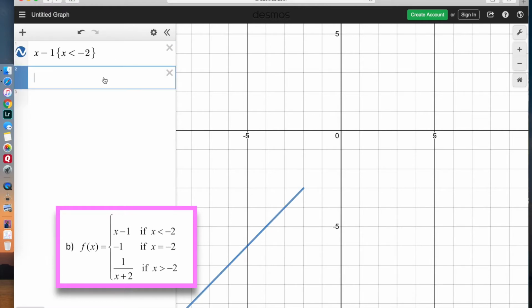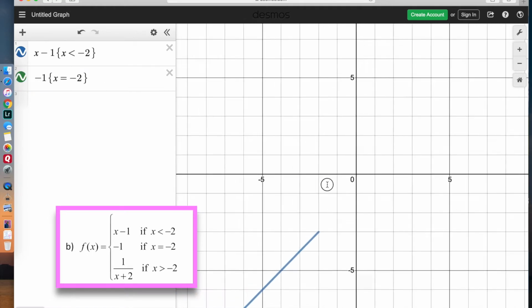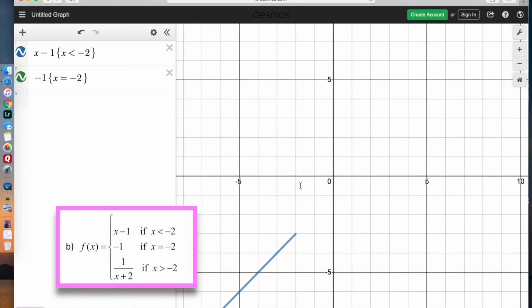Now remember that if x, and I'm going to type this in the way it's not going to work. I'll show you that if you just type negative 1 for x equals negative 2, it's not going to give you a point, because here your x value is just one number and your y value is just one number.